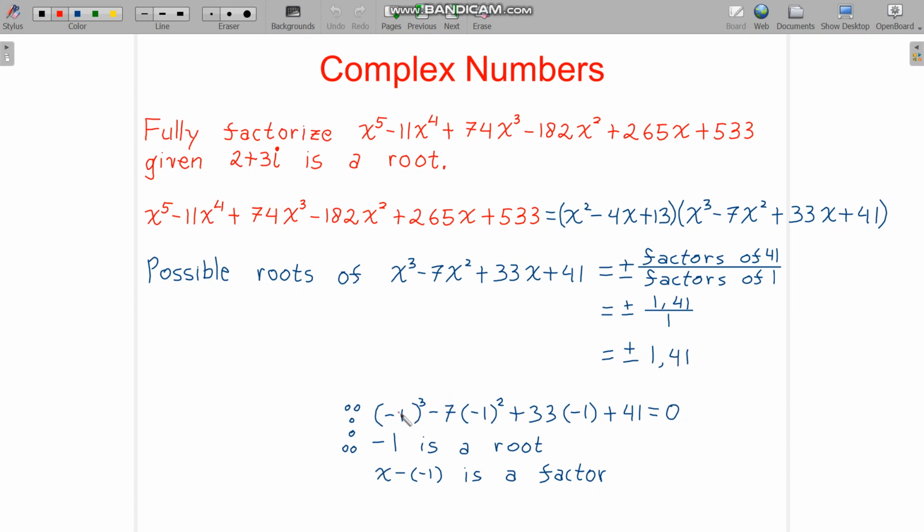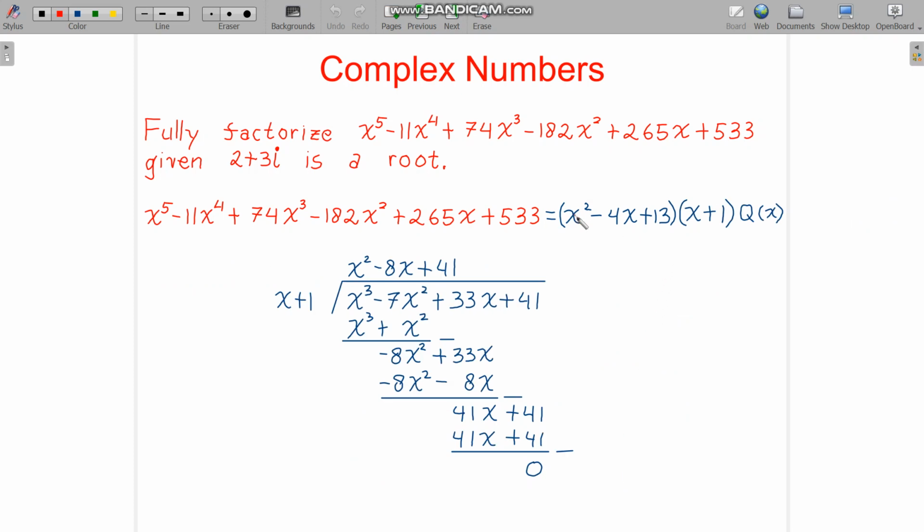And if you try minus 1, you plug in minus 1, you replace the x with minus 1, remember factor theorem, you will get exactly 0, which means minus 1 is a root, and x minus the root, x minus minus 1 or x plus 1 is another factor.